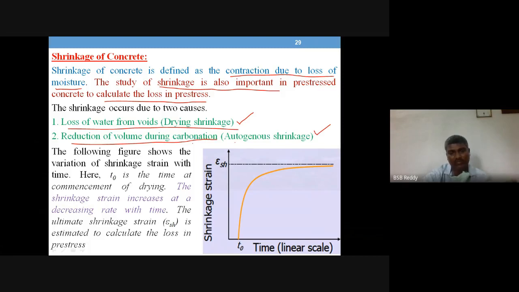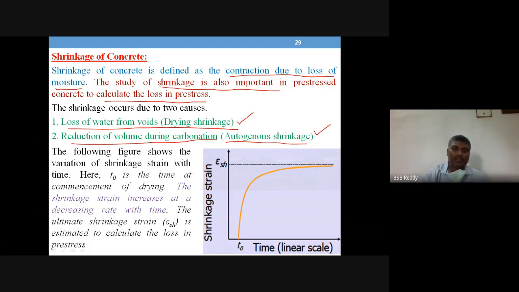Some new components will be formed, so that is why volume will be reduced. That is called autogenous shrinkage. Okay, so there are two causes for shrinkage: one is drying shrinkage, another one is autogenous shrinkage.